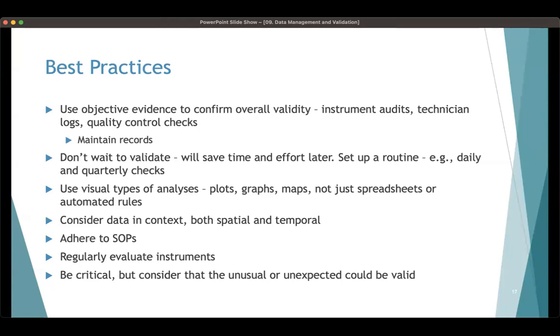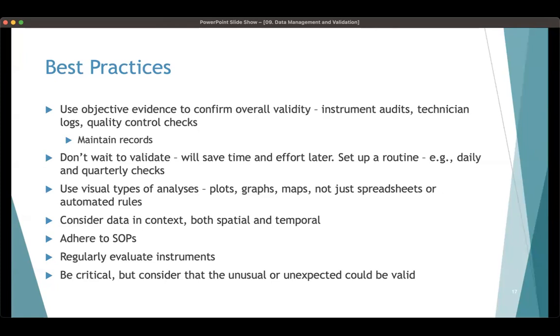First one is use objective evidence to confirm overall validity: instruments audit, technician logs, quality control checks. අපි අර කලිනුත් කිව්වා වගේම හරිම සාක්ෂි ඇතුව වැඩ කටයුතු කරන්න ඕනේ.